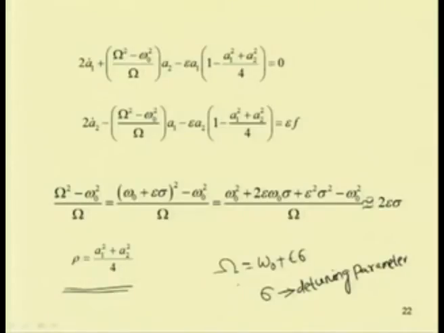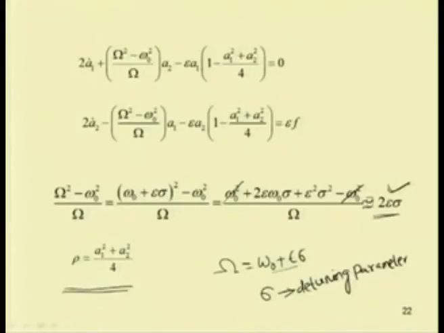So, (ω² − ω₀²)/ω can be written by substituting this expression: ((ω₀ + εσ)² − ω₀²)/ω, which is equal to (ω₀² + 2εω₀σ + ε²σ² − ω₀²)/ω. So, the ω₀² gets cancelled, and one can write this term as nearly equal to 2εσ.